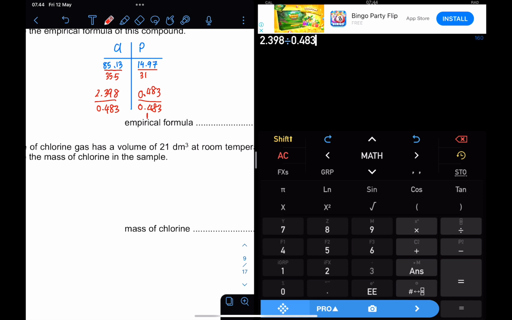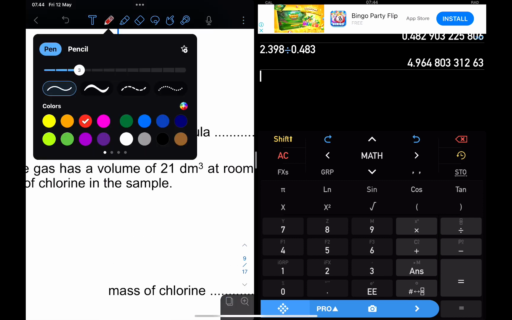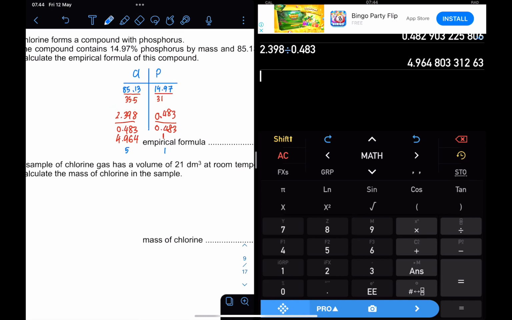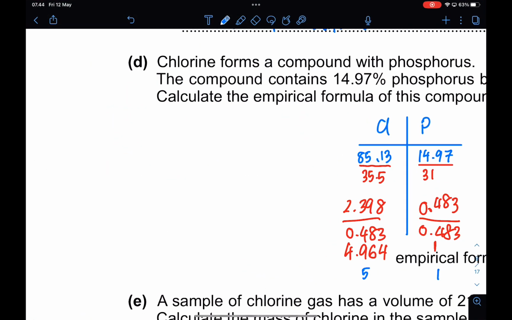And 2.398 divided by 0.483, I will get 4.964. I will write down 4.964. And then you simplify, which is nearer to 5. This is 1.